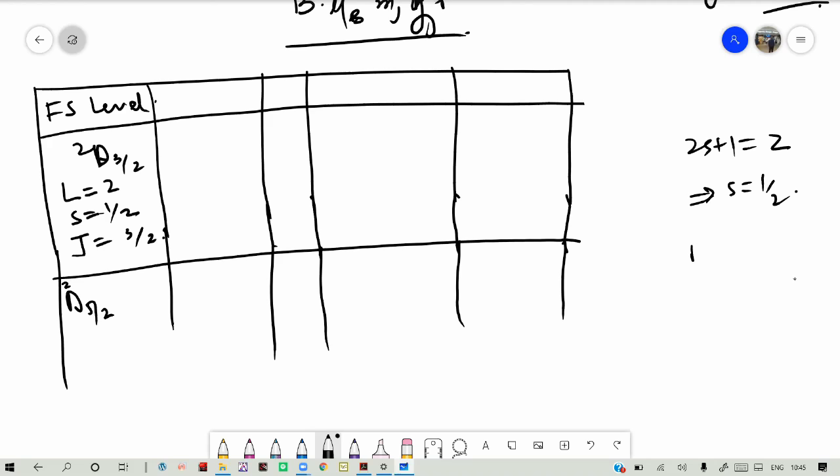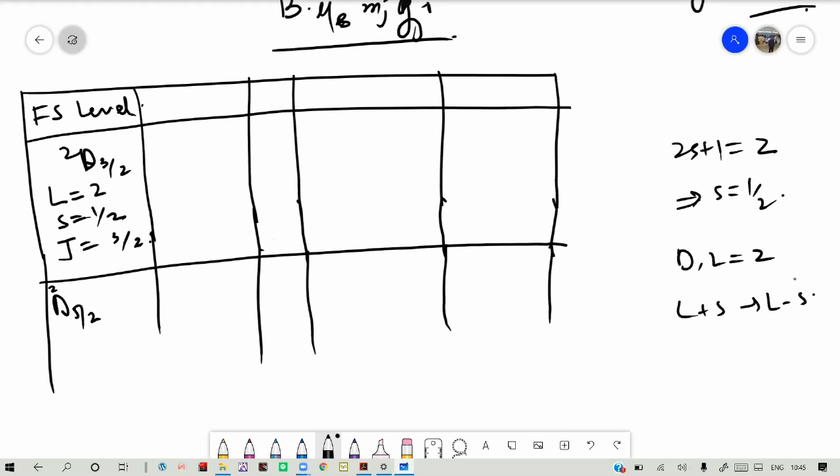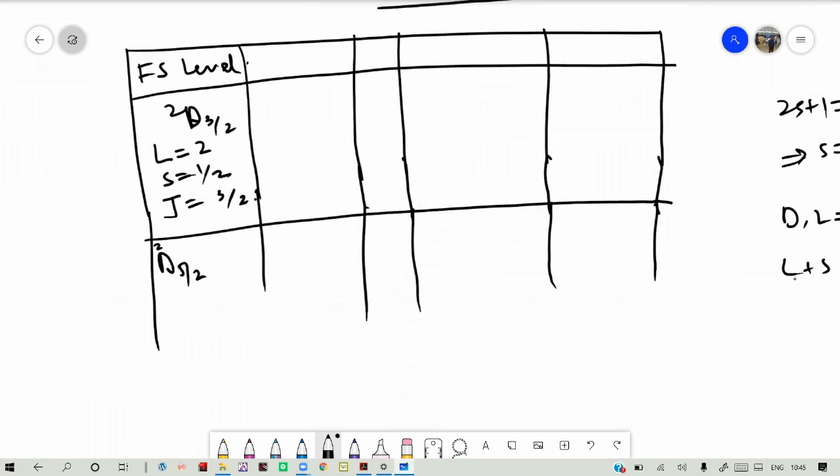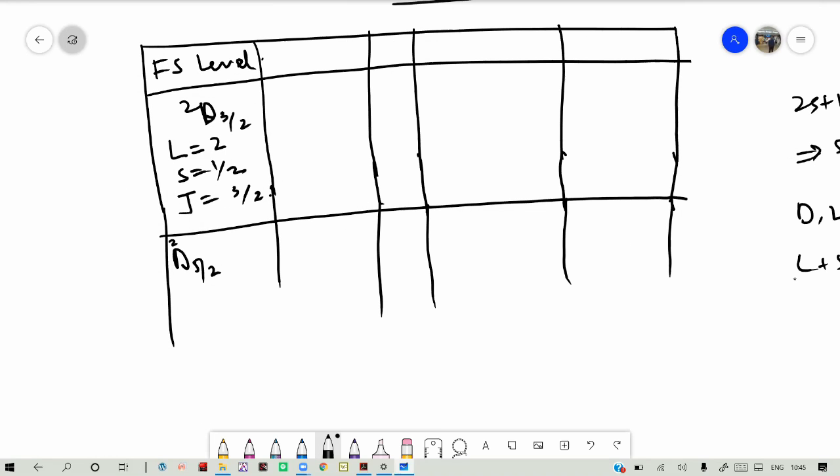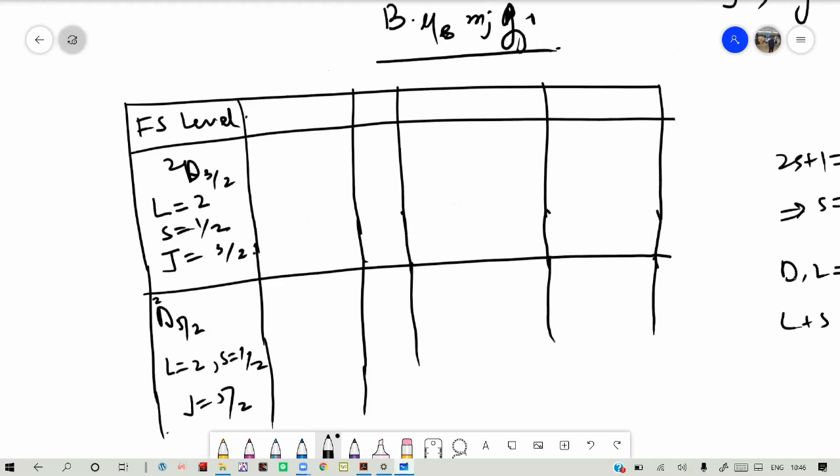For D, L is equal to 2, so L plus S to L minus S gives 3 by 2 and 5 by 2. For 2D 5 by 2, L is equal to 2, S is equal to 1 by 2, and J is equal to 5 by 2. These are the two different levels.